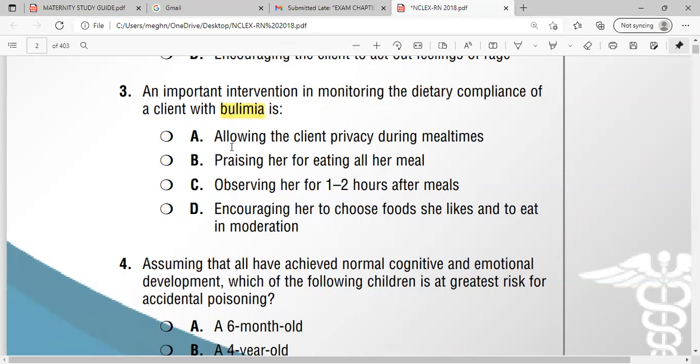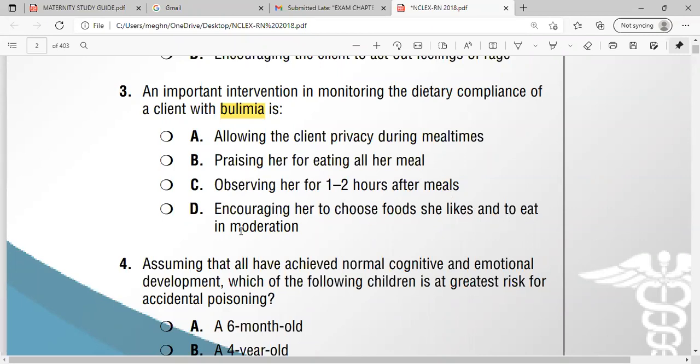Number A, allowing the client privacy during mealtime. Number B, praising her for eating all her meal. Number C, observing her 1 or 2 hours after meals. And number D, encourage her to choose the food she likes and eat in moderation.